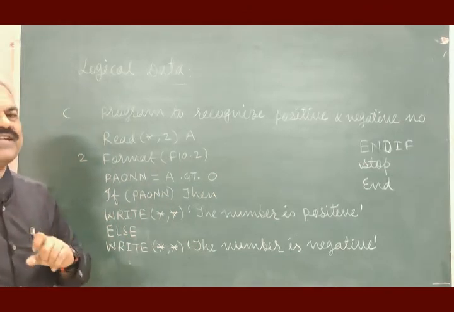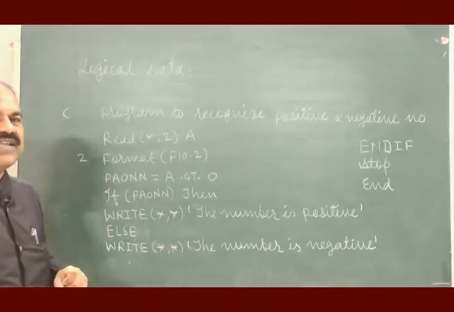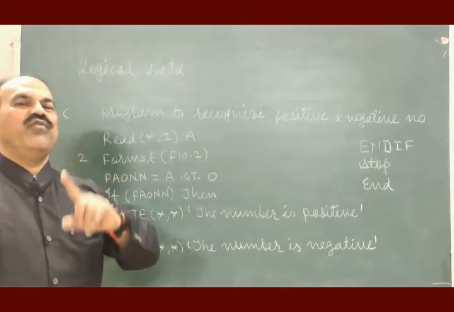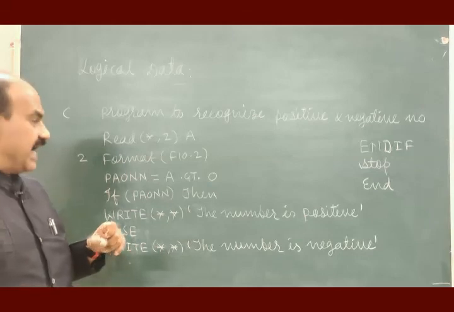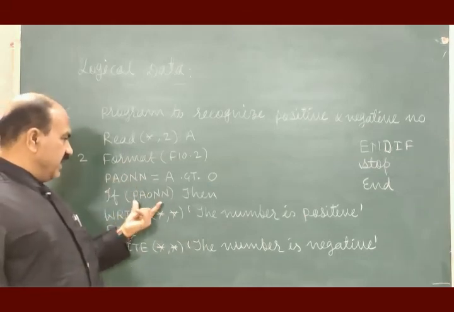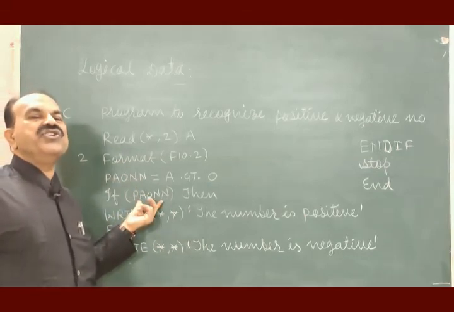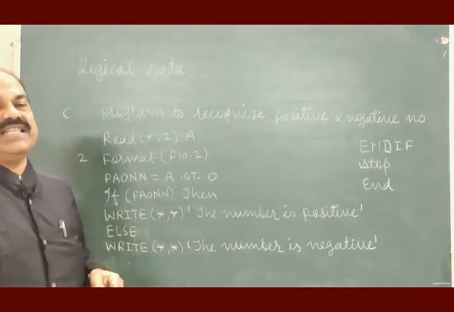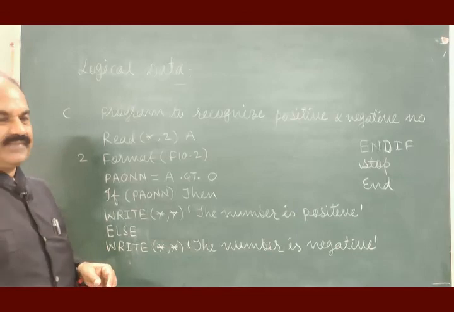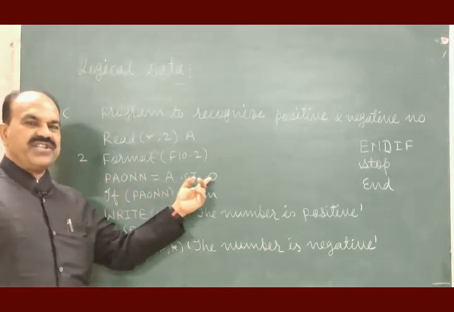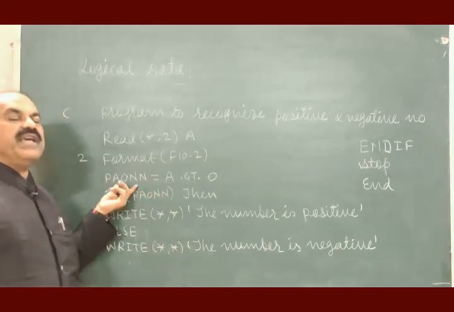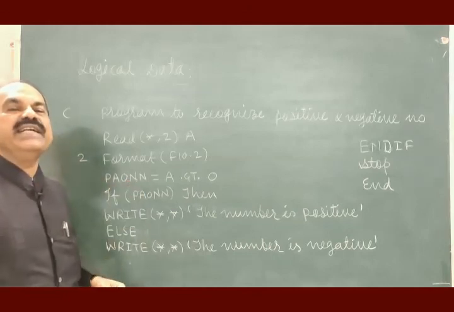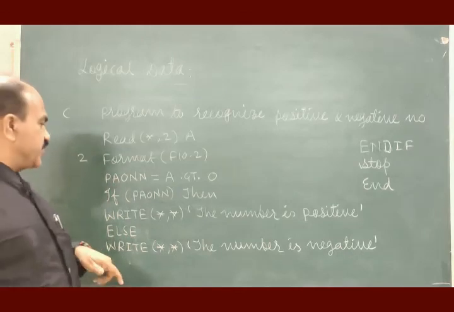And what will be the result of a logical expression? The result of a logical expression is either true or false. I am using this variable as the logical condition here in the logical if then else statement. Because when this expression is solved, this PAONN will be assigned the logical data either true or false.